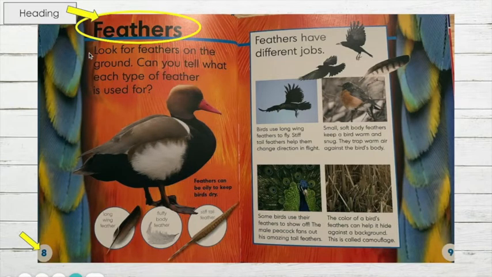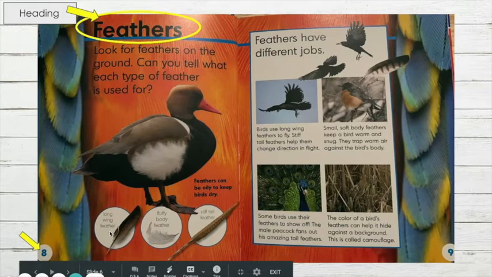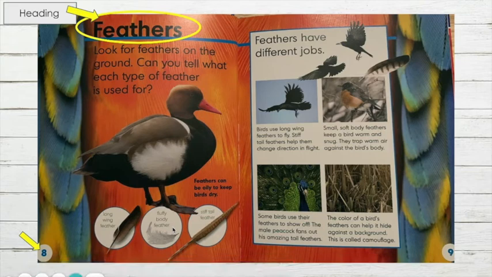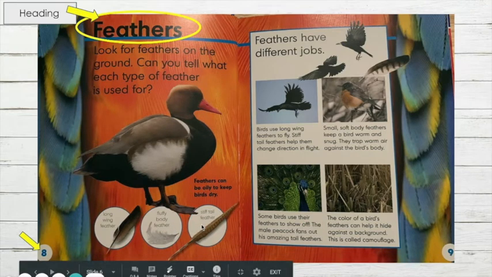Feathers. Look for feathers on the ground. Can you tell what each type of feather is used for? Feathers can be oily to keep birds dry. Long wing feather, fluffy body feather, stiff tail feather.